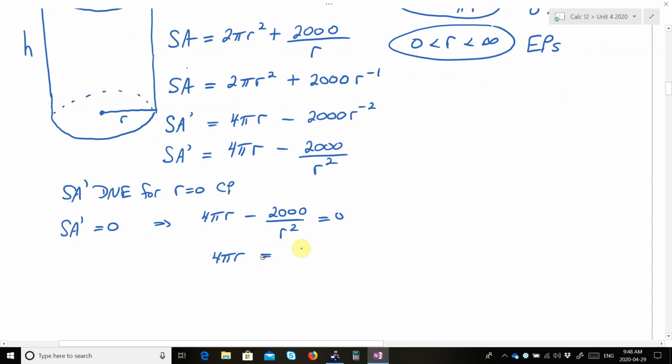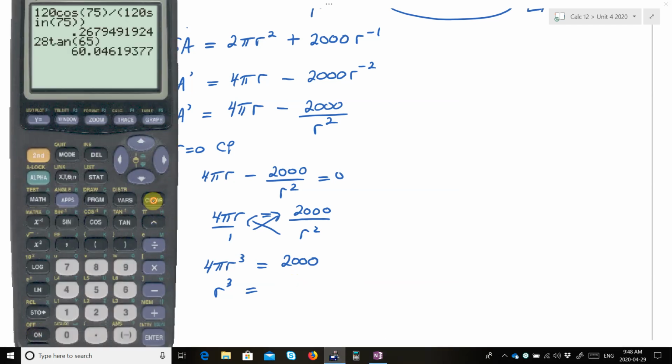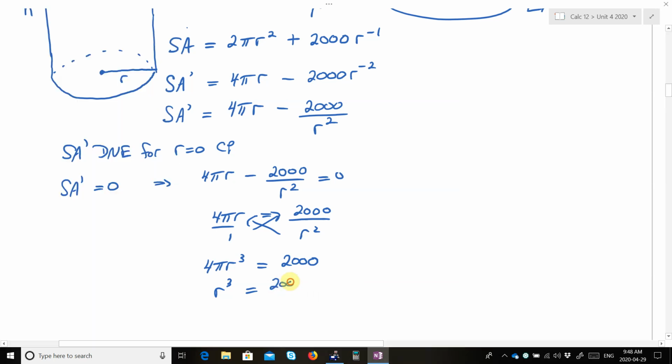That means that 4 pi r equals 2,000 over r squared, and then we can cross multiply and get 4 pi r cubed equals 2,000, which means that r cubed is equal to 2,000 divided by 4 pi. 2,000 over 4 is 500, so it's 500 over pi.